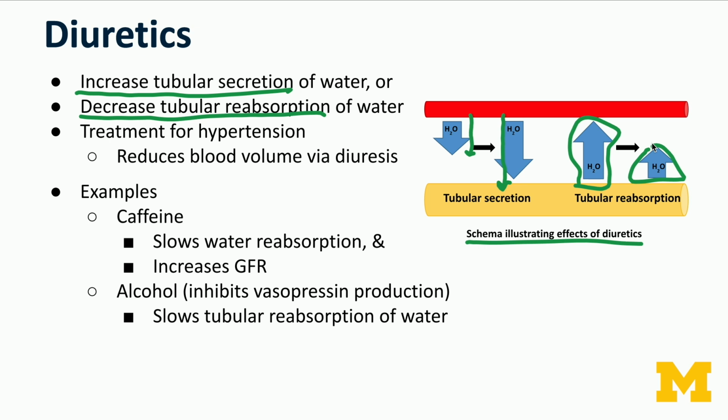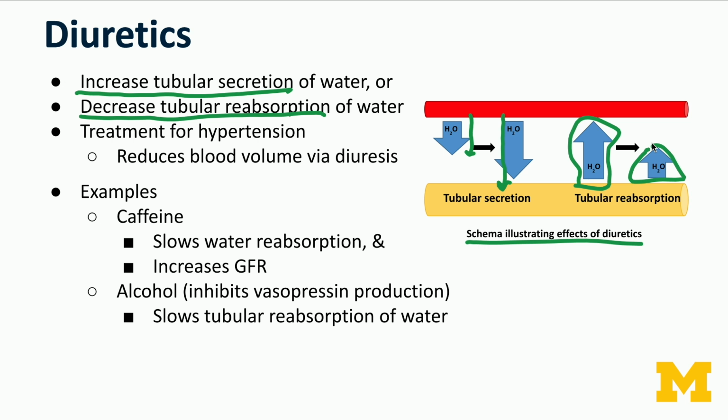So a diuretic is any substance that contributes to diuresis, and that is going to be a rather simplistic first-line treatment for hypertension or high blood pressure. So with hypertension, we can reduce blood volume through diuresis and therefore help to reduce the amount of pressure inside of arteries.